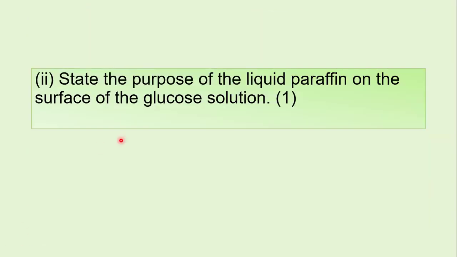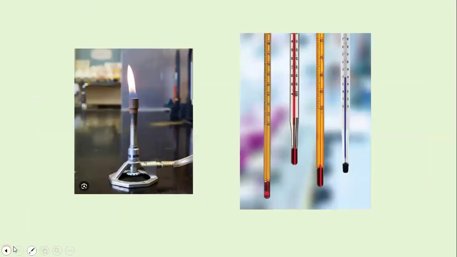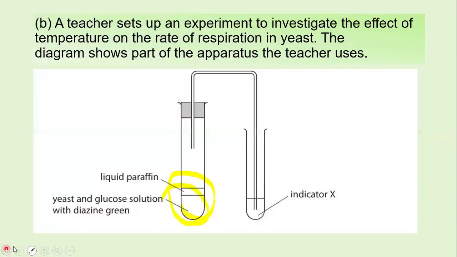In the next question, they are asking, state the purpose of the liquid paraffin on the surface of the glucose solution. In this experiment, we are investigating the rate of respiration in yeast, but we consider anaerobic respiration, not aerobic respiration.